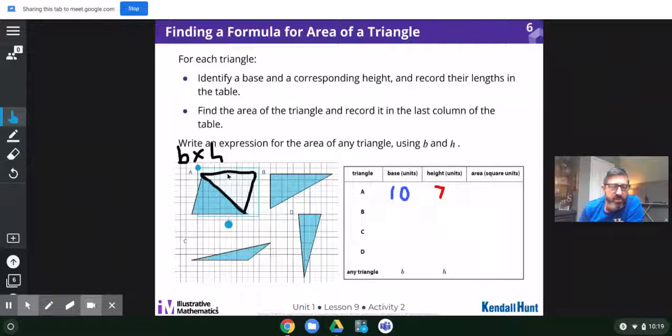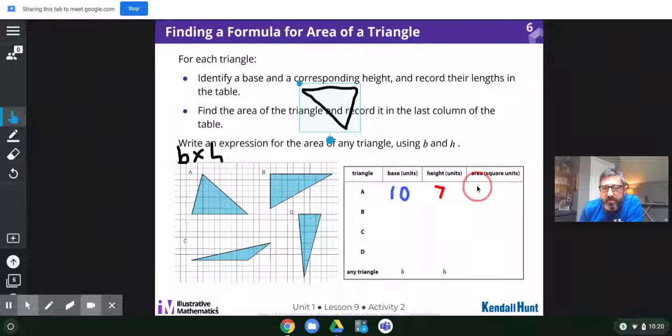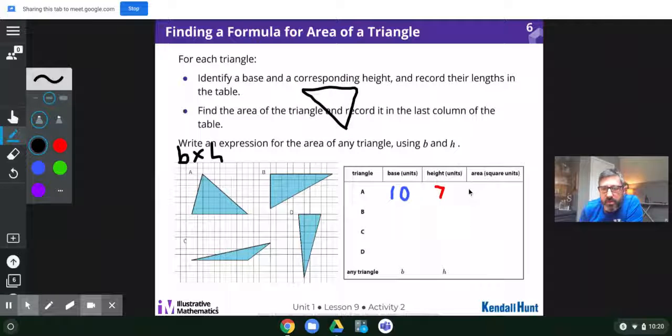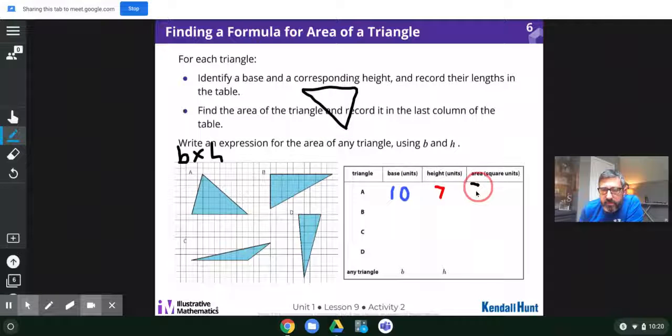Remember what we said on Monday? Half, that's right. So let's take this triangle away. So what is half? I'll try to write this in here as neat as possible. So we've got 70 divided by 2.